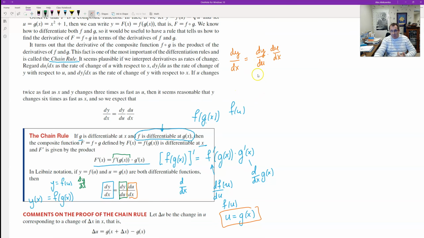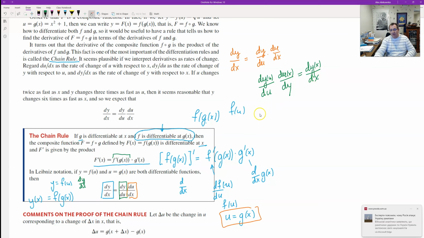However, it is good to remember that if you have y, which is a function of u, and u that is a function of x, then multiplying dy by du times du by dx essentially results in the chain rule for the composition where y is dependent on x. All right, but this is a side comment. Some people appreciate the simplicity of the Leibniz notation, and it does help them to remember how the chain rule works. So it is yours.